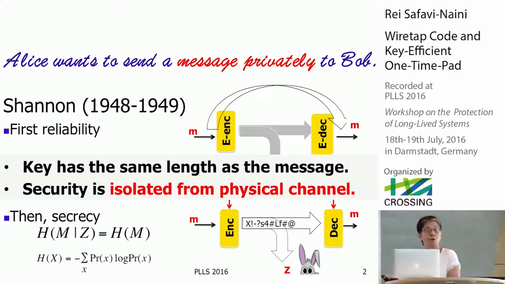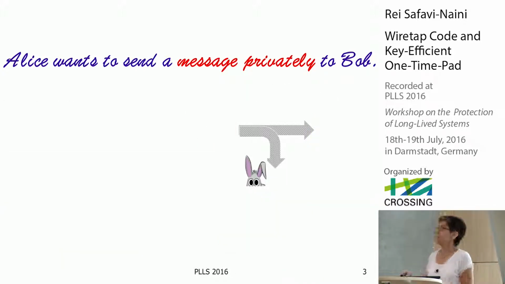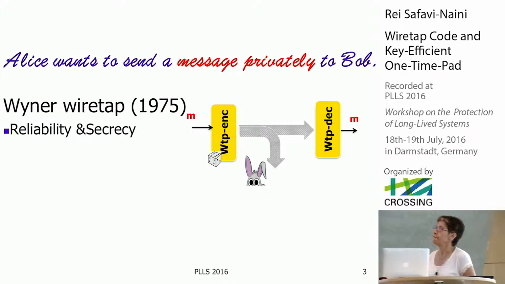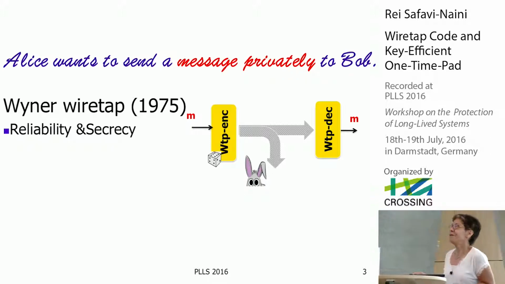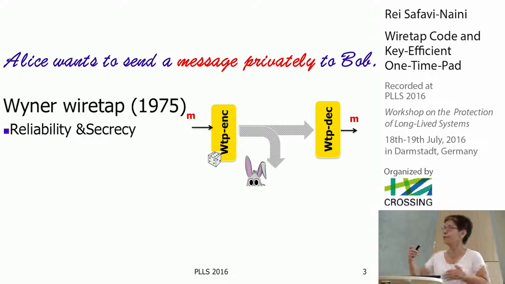So going back to the same problem of an eavesdropper looking at the channel, and Alice wanting to send a message to Bob, 25 years after Shannon, Wyner gave a completely different solution. Now you have reliability and secrecy together. You do not do it in two steps. It's a one-step solution.